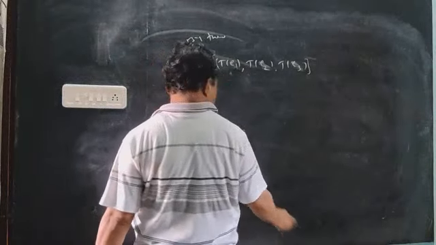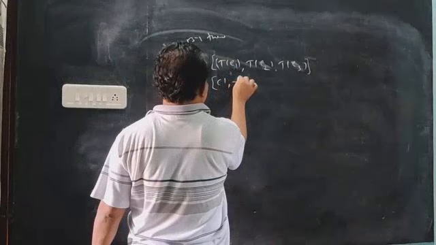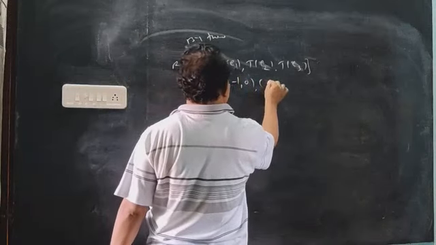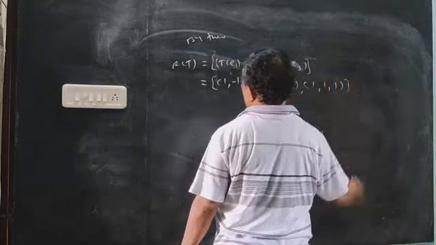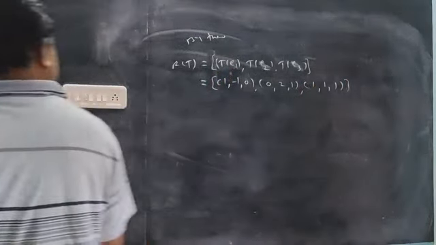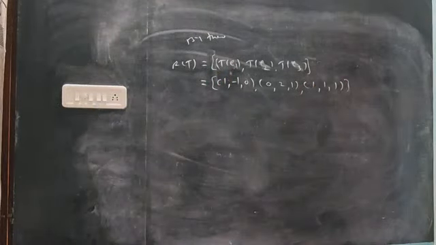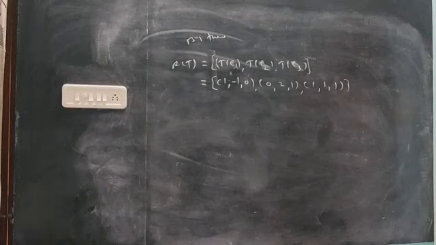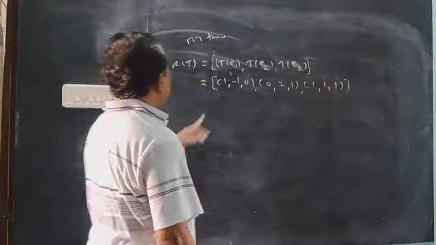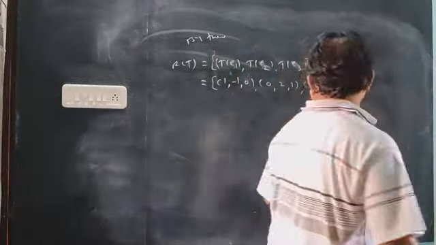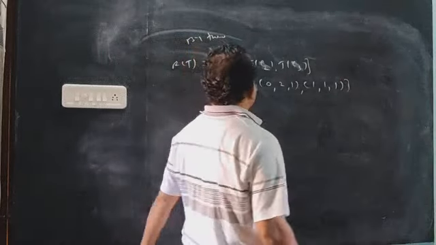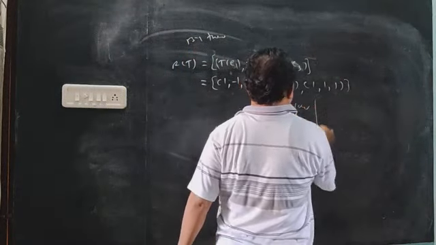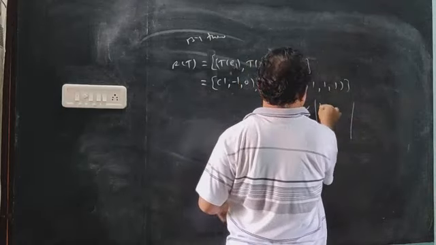So T of E1, (1, minus 1, 0), (0, 2, 1), (1, 1, 1). Now you know a span contains LI vectors, must be LI, then we can say the rank. To confirm, check whether they are LI by the determinant technique.